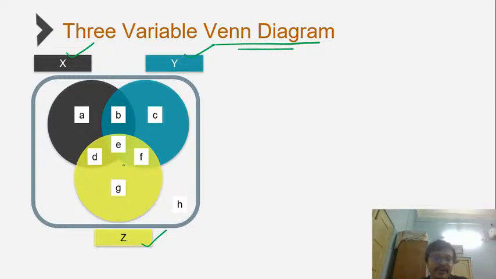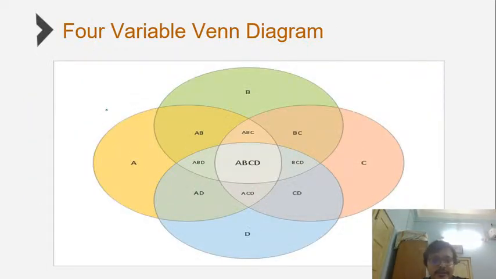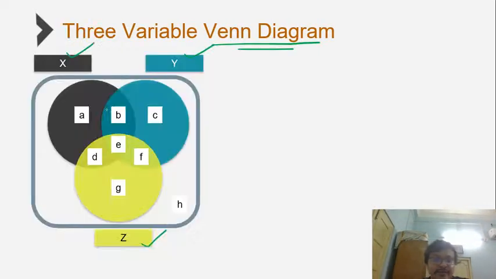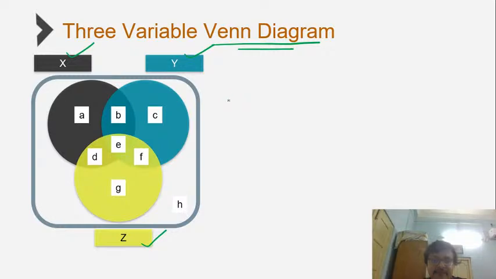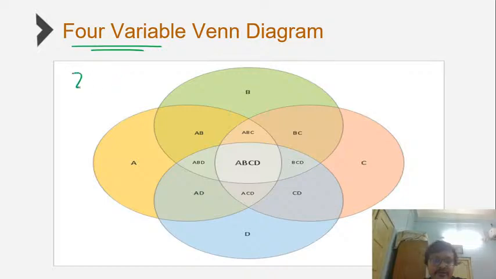So you have 8 variables, A to H, to denote the portions within each of these circles. With 3 variable Venn diagrams, the approach is much simpler compared to 4 variables, because 3 variables will have only 2 to the power 3, that is 8 alphabets, A to H. But in 4 variables there are 16 variables, which makes the set a lot more difficult to solve.